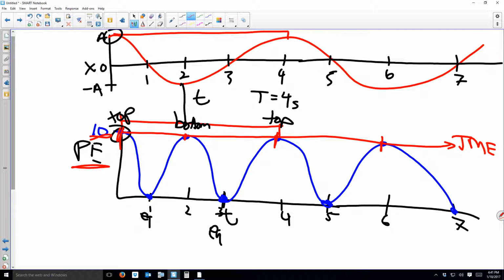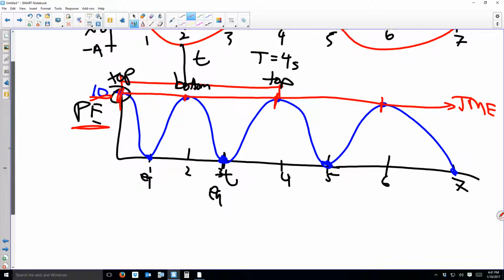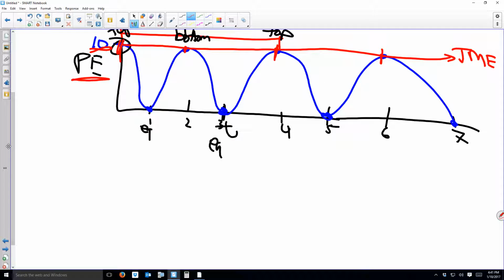So let's just take a look at one example of some of the stuff we can find here, and that is you can actually get your spring constant from this graph as long as you're given the amplitude. So let's say my amplitude is 0.4, and I want to know what my spring constant is. I don't know what it is.